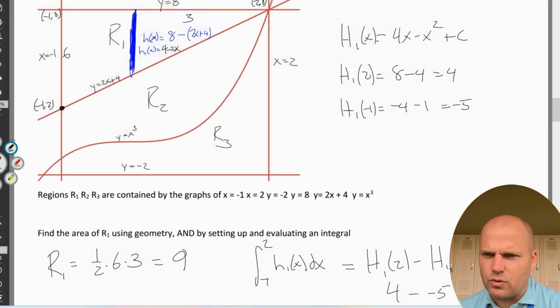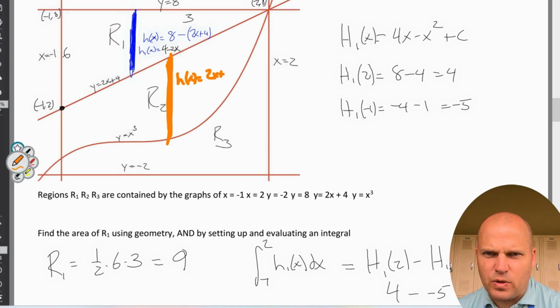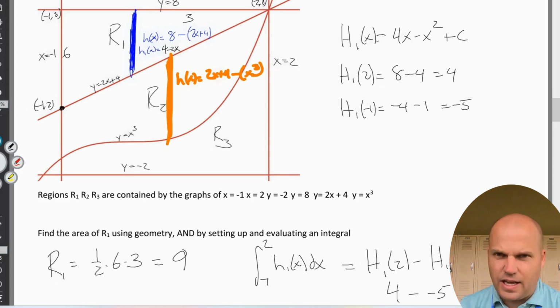Okay, so for R2, let's use a different color here. Here's a representative rectangle whose height at an x value will be given to me by 2x plus 4 minus x cubed. That's gross.